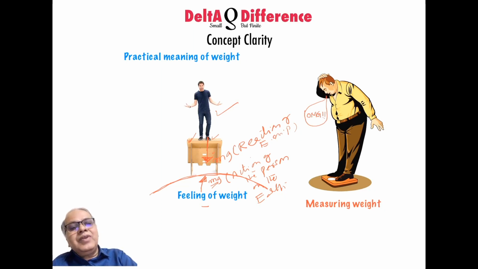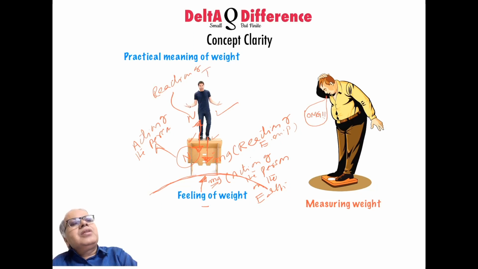We call here N. So this person presses the table hard like this. You can call it N. This is normal to the surface, therefore N, and the table in turn pushes him back with N. So this N is the action of the person on the table, and this N is the reaction of table on the person.